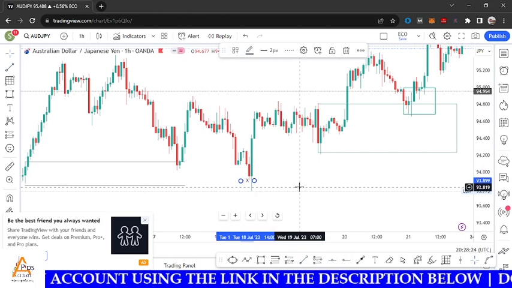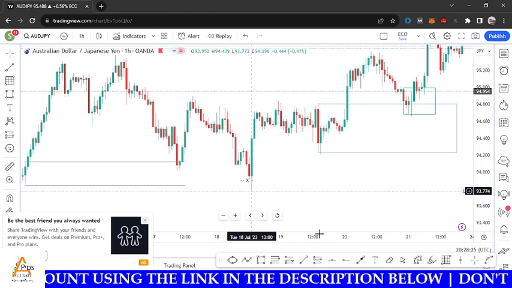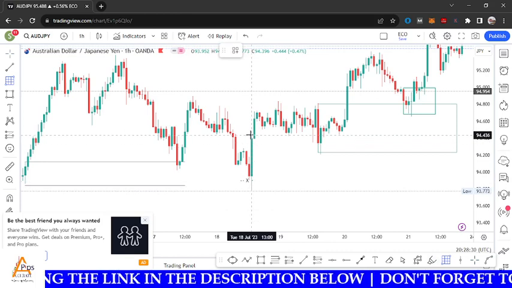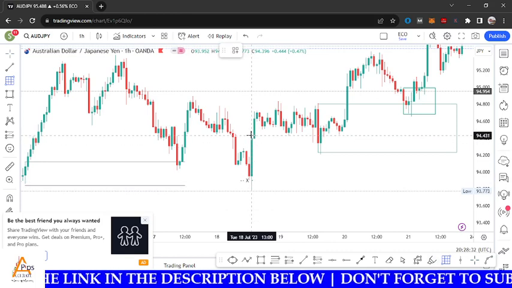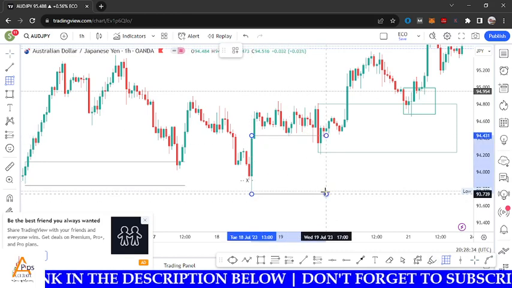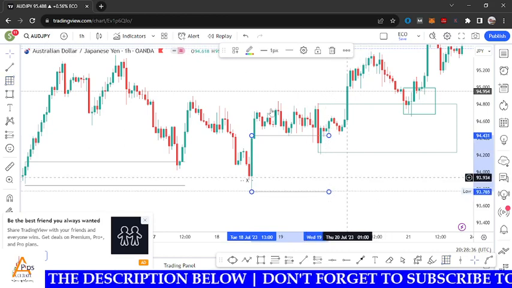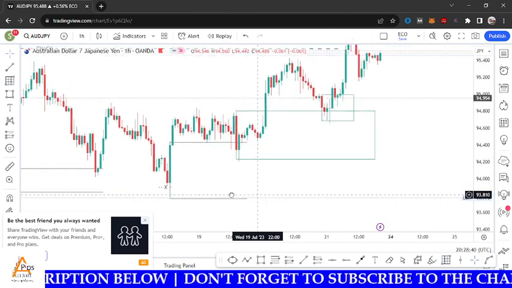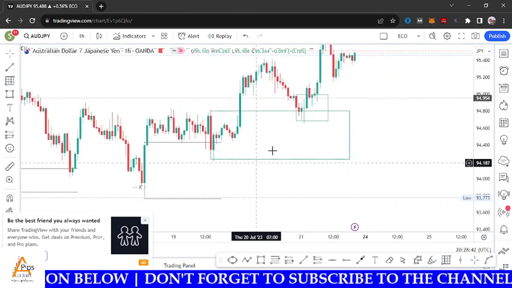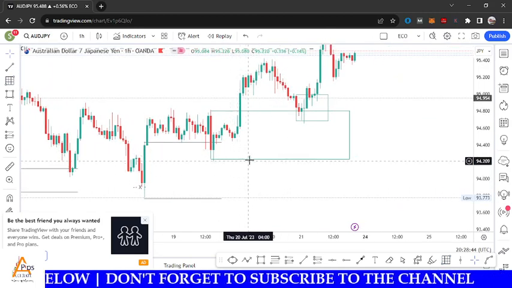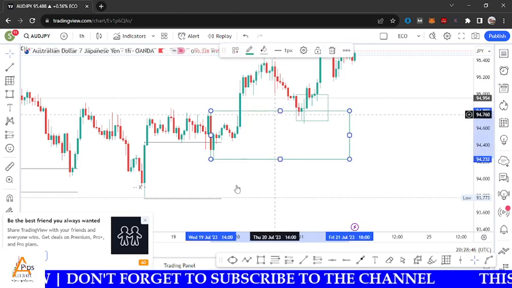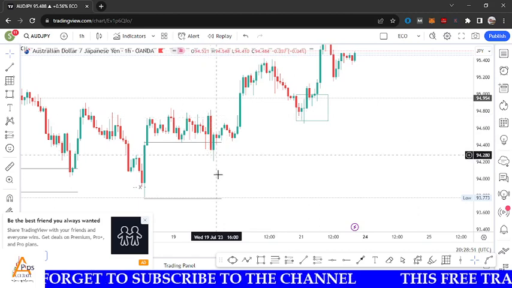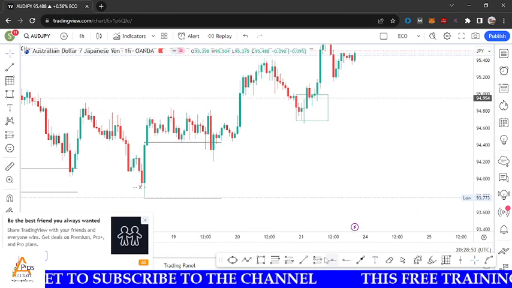So you mark from the proximal to the distal. You can see price taps back into it and pushes up. Where is our next valid order block? It is within this order flow. As you can see, this guy took the low over here.